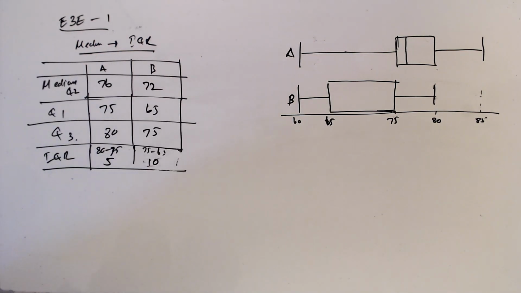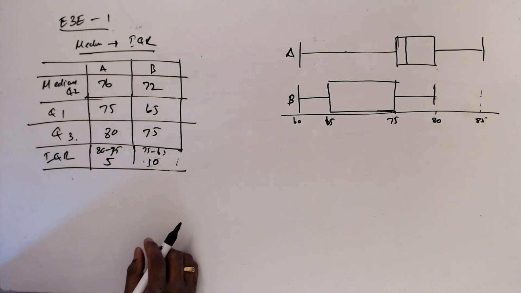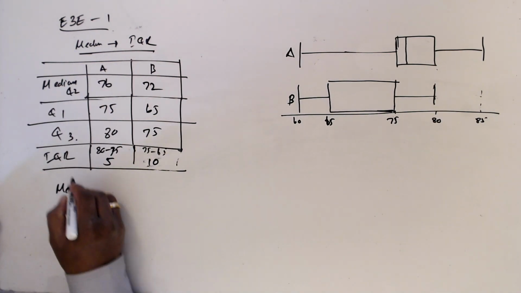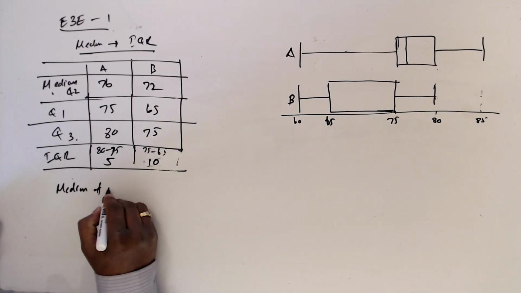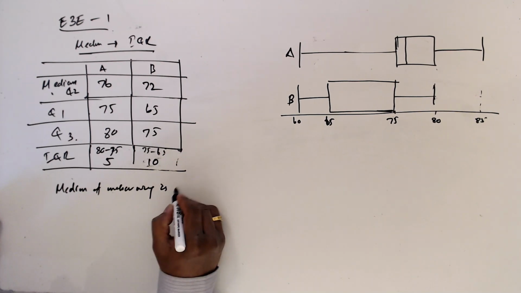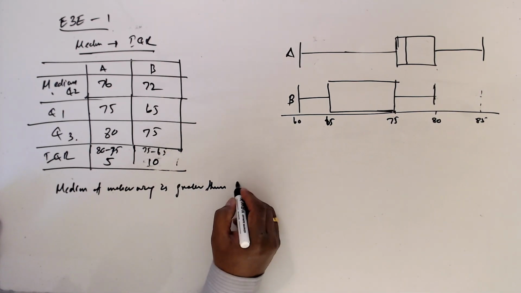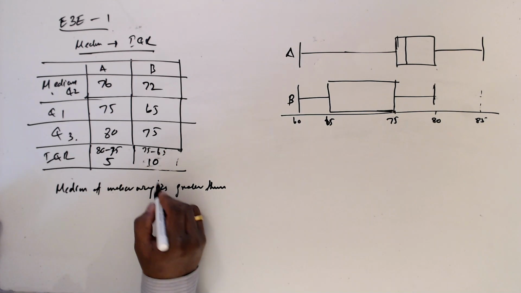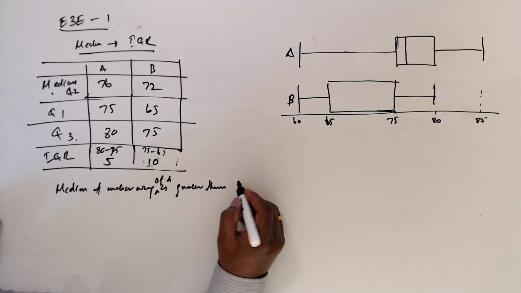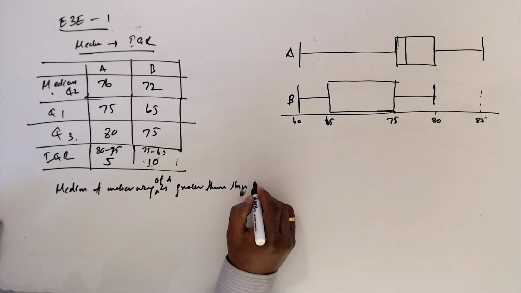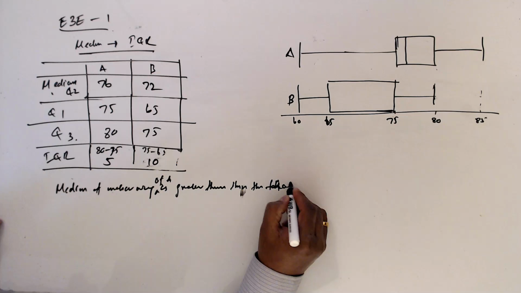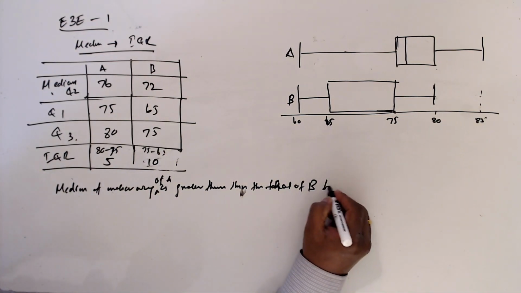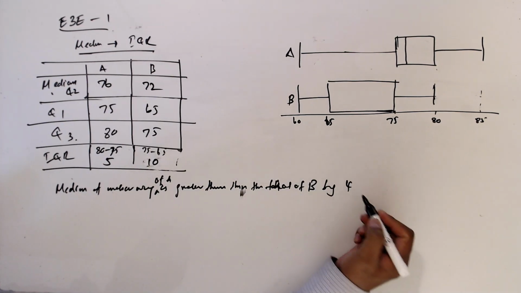So I have the table now. Here we can tell by looking at this that the median of motorway A is greater than that of B by 4, 76 minus 72, 4.